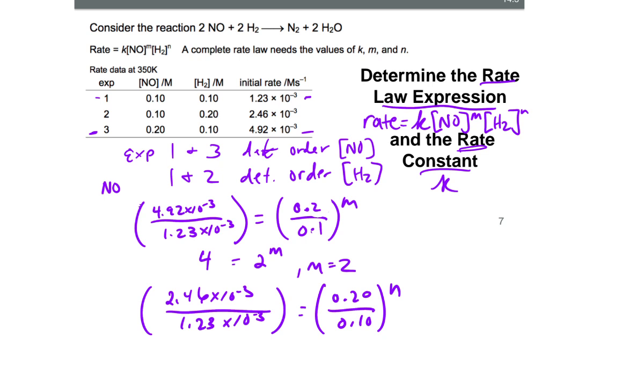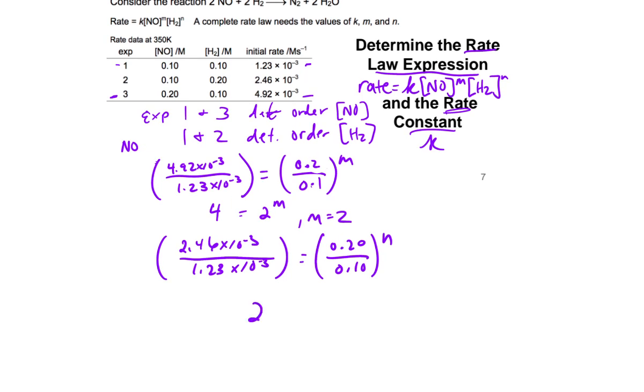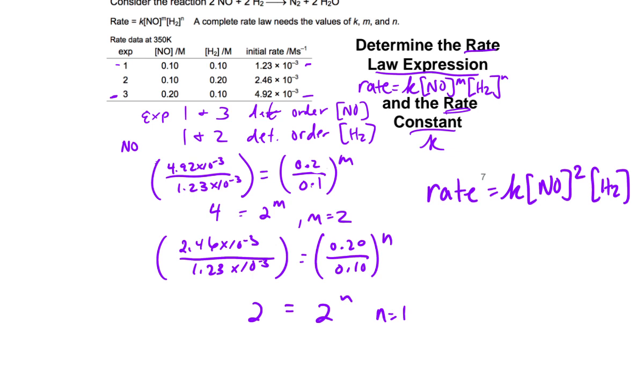Everyone okay with where I'm getting those data? And so we'll end up with 2 equals 2 to the n. And what does that make n? 1. Very good. So then the rate law expression is rate equals K times the concentration of NO squared times the concentration of H2 raised to the first, and we'll just leave that off.